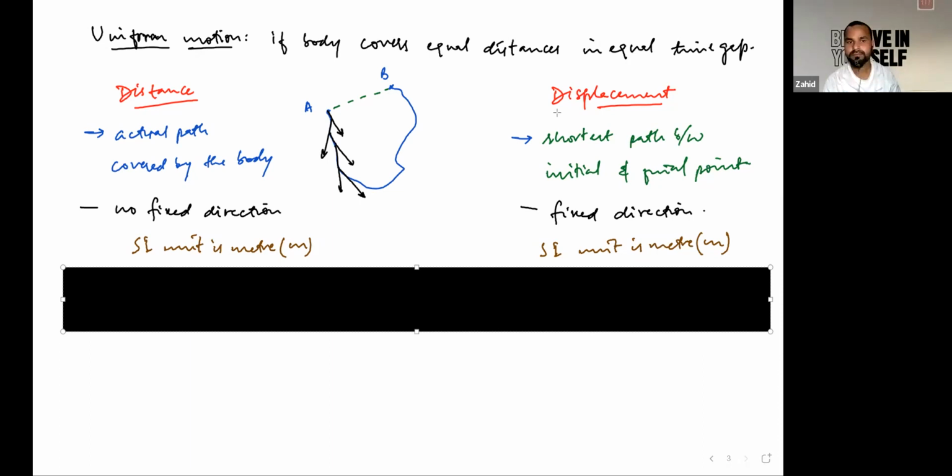Have you all done this part? Yes, sir. On this basis, just try to simplify it. A boy goes 8 meter east, then 4 meter north, then 2 meter west, and then 1 meter south. Find the distance and displacement.